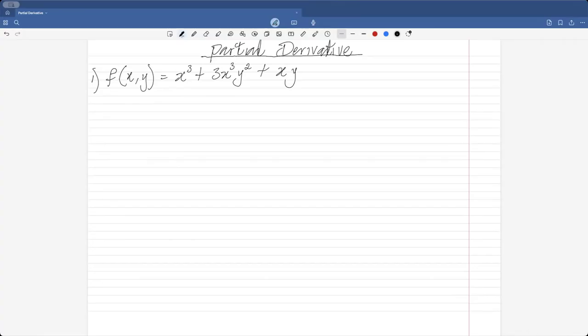As we can see, this problem has multiple variables.